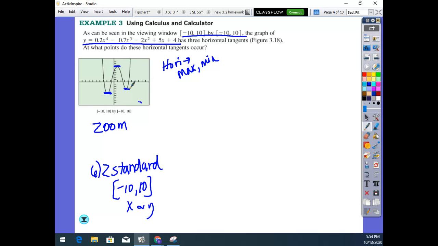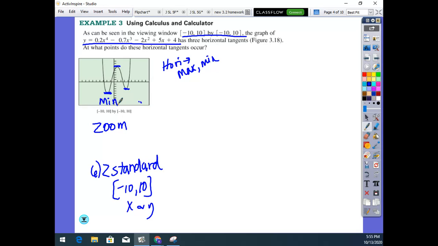So you're going to tell the calculator you want it to calculate something for you. Push second, the light blue button, second calculate or second trace, and we're going to look for a min. So tell the calculator you want to find the min.